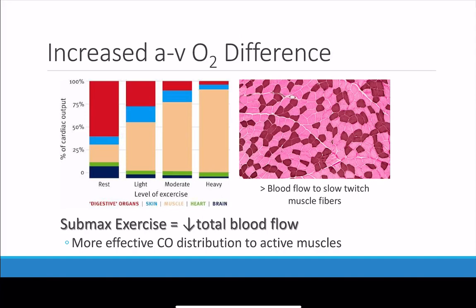So this slide represents the next section in your notes, which we have talked about in the skeletal muscle piece, but I thought you might like having it all together. So with the increased AVO2 difference, we see reduced total blood flow during submax exercise because of this more effective distribution just to active muscles, specifically type 1 fibers.